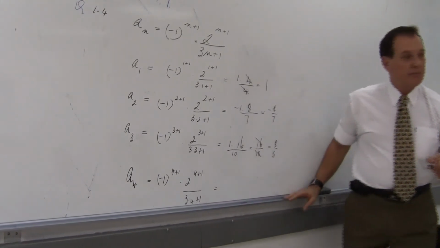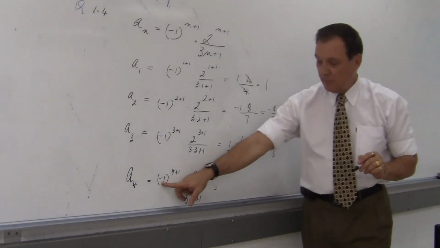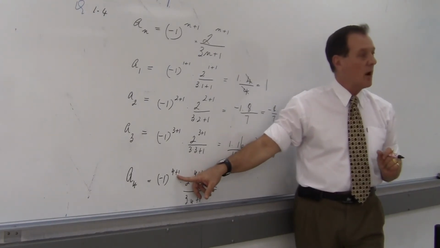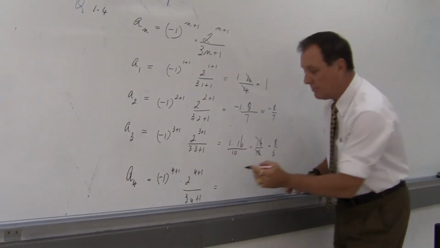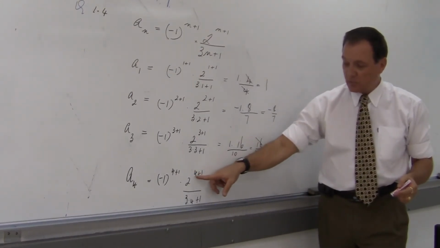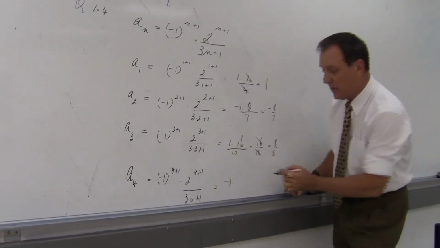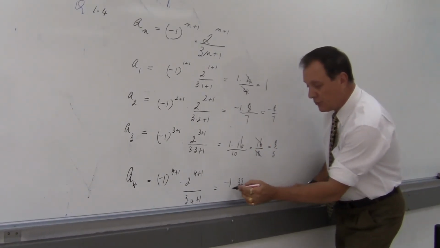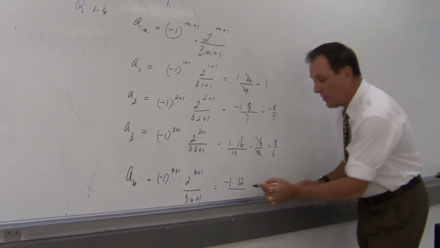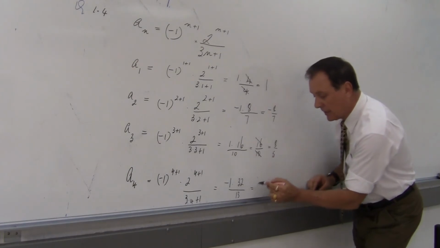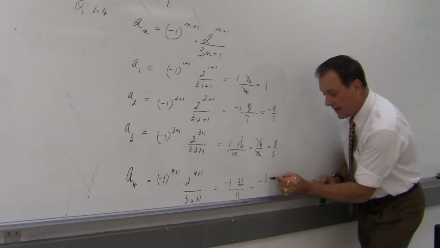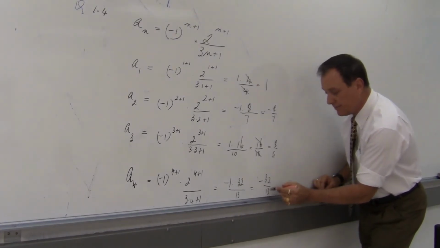So we end up with -1 raised to the power of 5. -1 raised to an odd power must be -1. Here, 2 to the power of 4 plus 1 is 5, 2 to the 5th power is 32. Here, 3 times 4 plus 1, 12 plus 1 is 13. Well, it's clearly negative. Even number on the top, odd number on the bottom, there won't be any common factors. That's how it is.